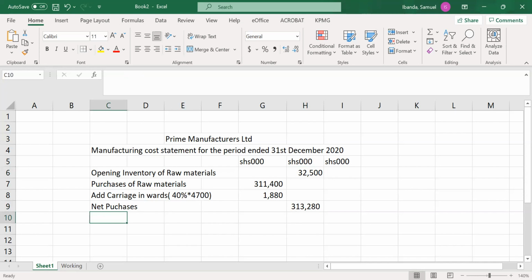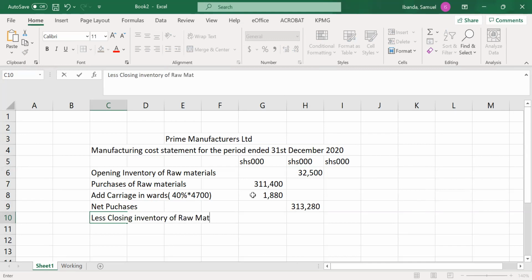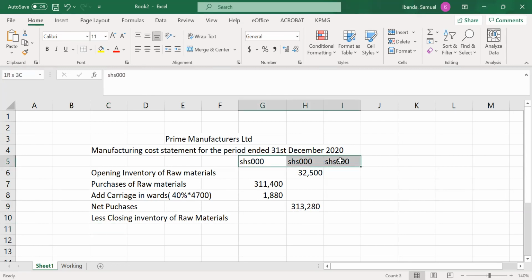So after you have that, definitely you know very well that we less closing inventory of raw materials. So for our closing inventory of raw materials, you go back to the question that they have provided us and look at the table in the additional information.